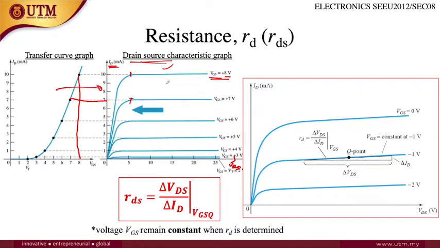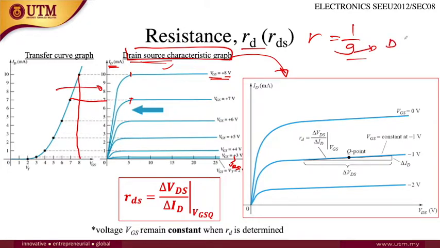From this drain source characteristic graph, you can get the value of RD. Still remember, R is 1 over G. At the beginning, I said G can be defined using the graphical method, using the transfer curve, where G is delta ID over delta VGS.